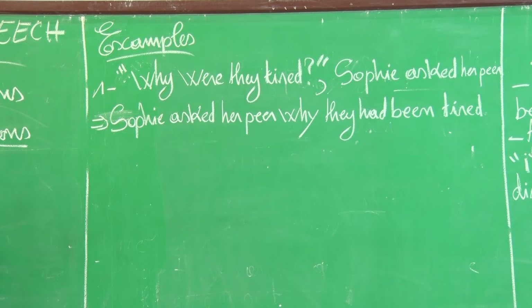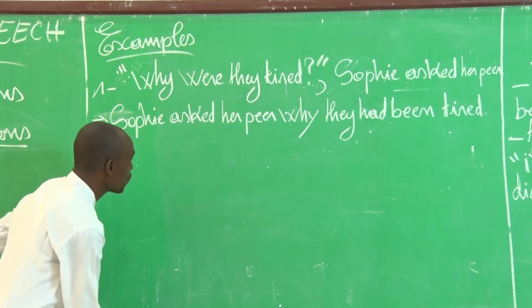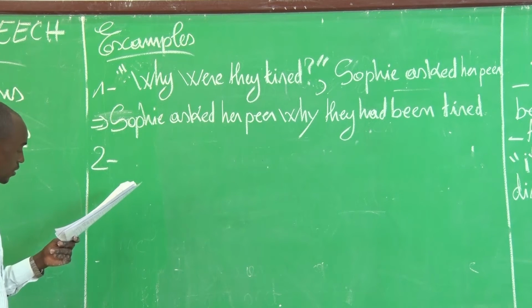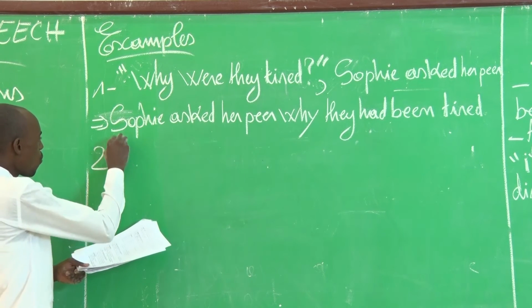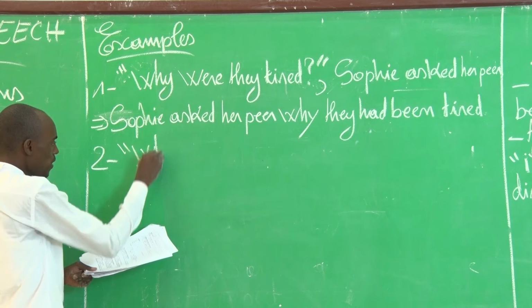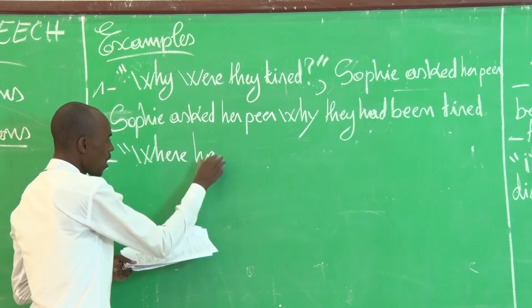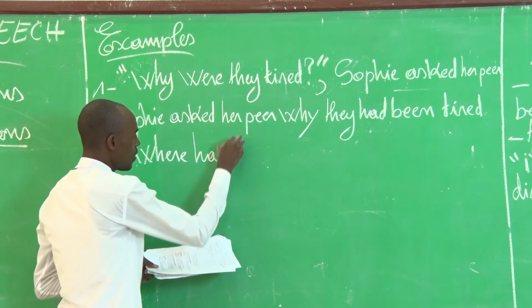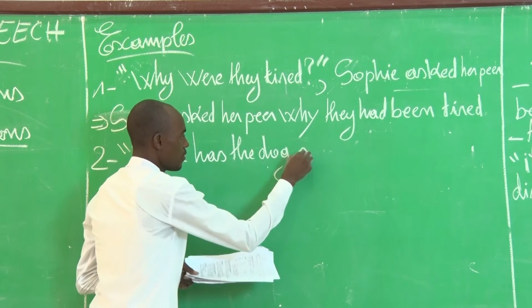Now, before making our conclusion, let's take the second example, to understand well how we can report double H questions. We have, where has the dog gone?